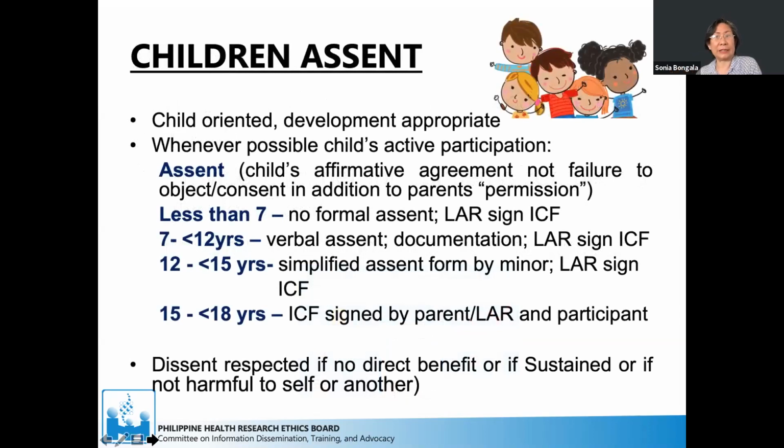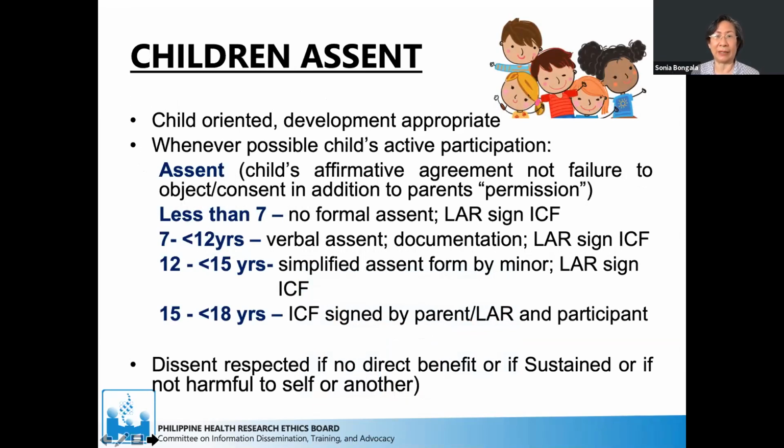So in the children's assent, the National Ethics Guidelines give specific ages. So an assent is a child's affirmative agreement to participate in addition to the parents' consent or permission.